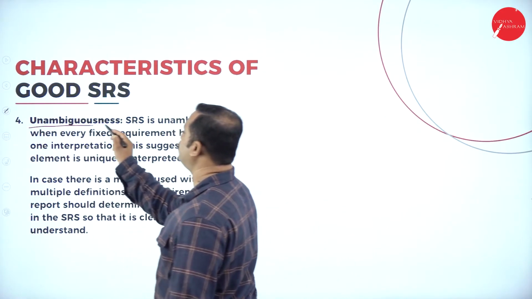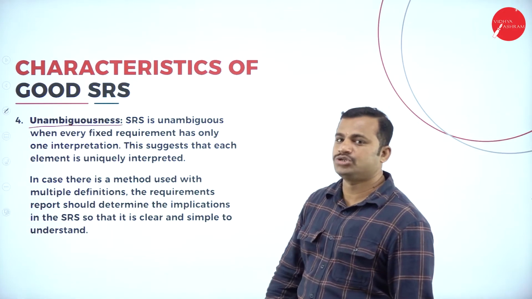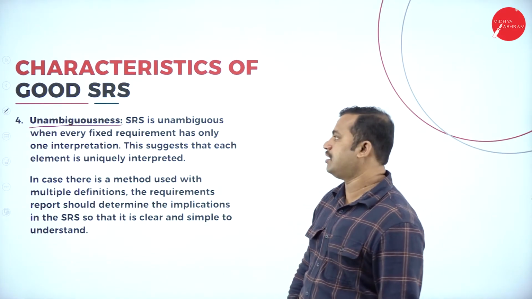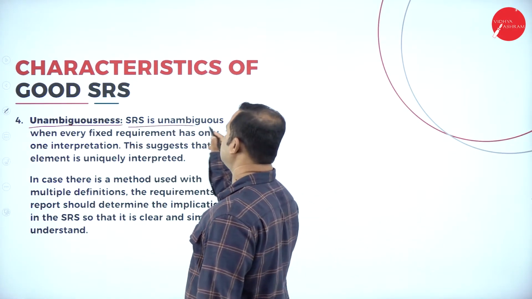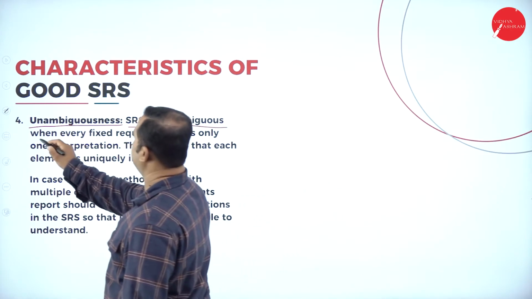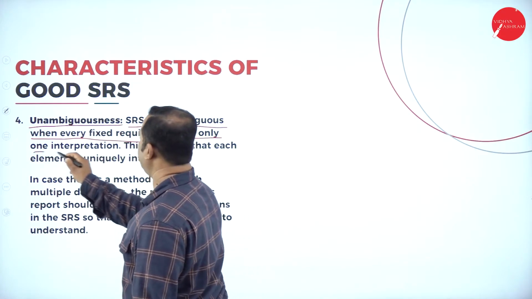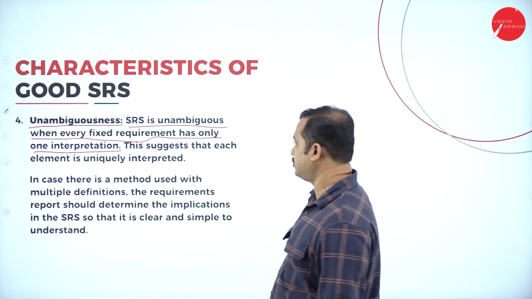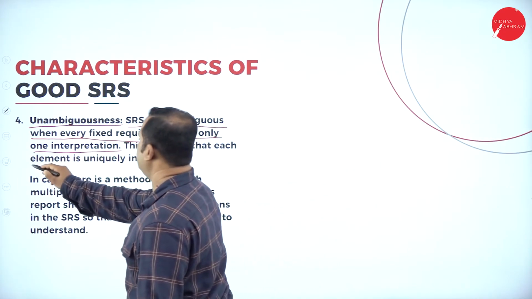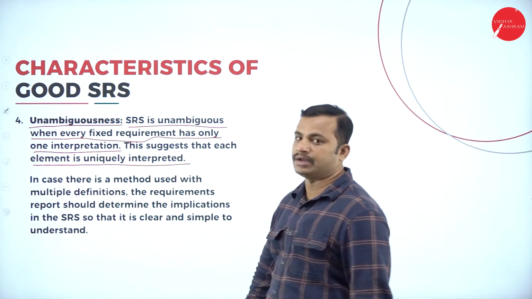Then unambiguousness, that means there must not be any dilemma. An SRS is unambiguous when every fixed requirement has only one interpretation. That is only one interpretation. This suggests that each element is uniquely interpreted.